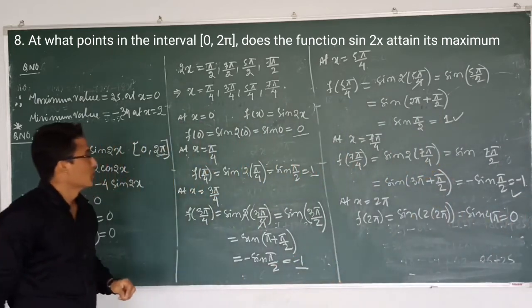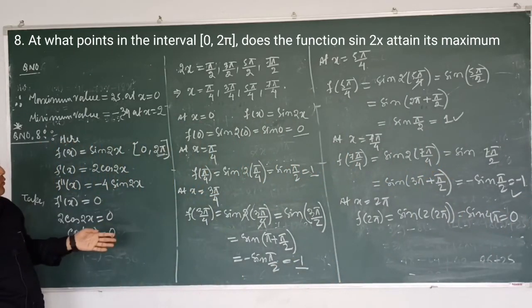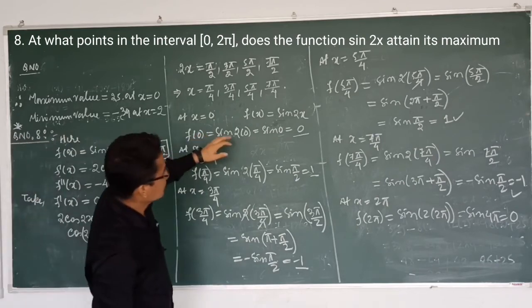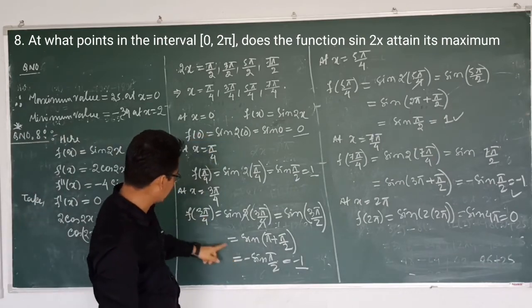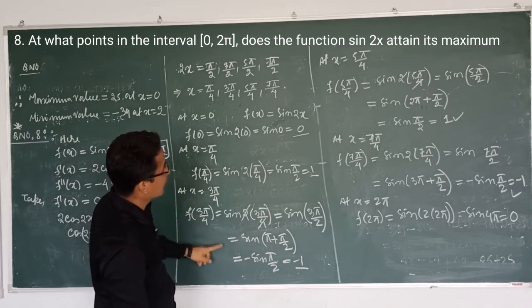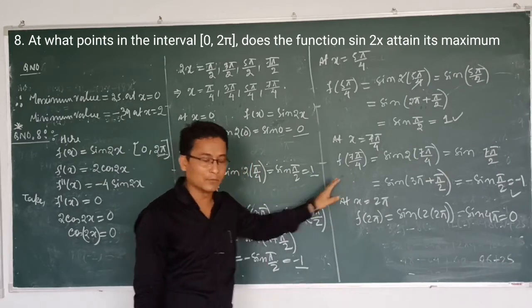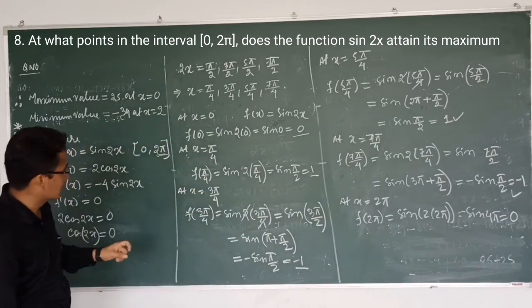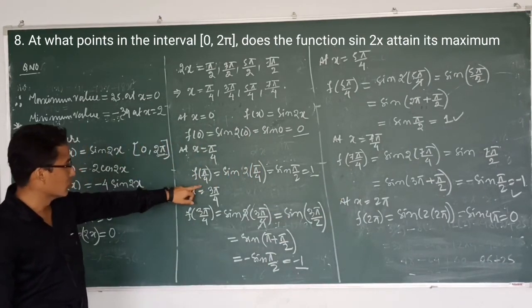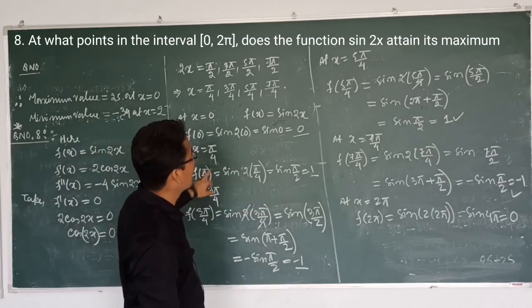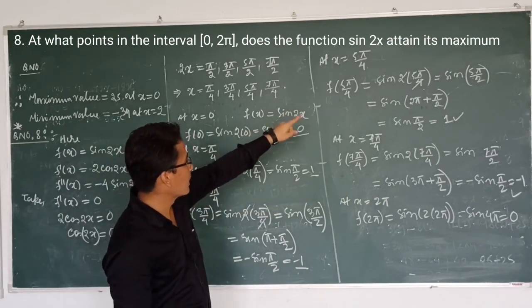So the minimum value, minus 1, we get at 3 pi by 4 and 7 pi by 4, and we get the maximum value 1 at pi by 4 and 5 pi by 4.